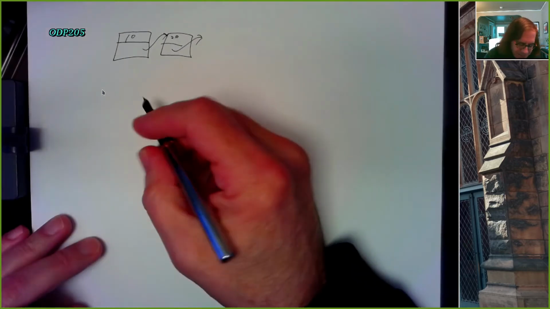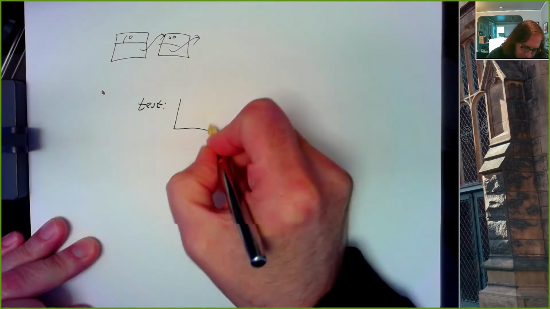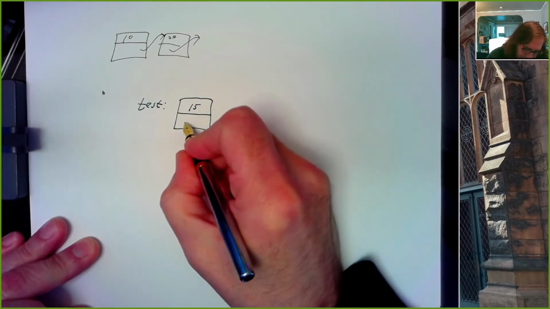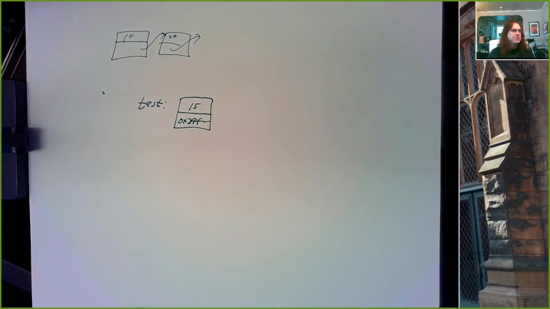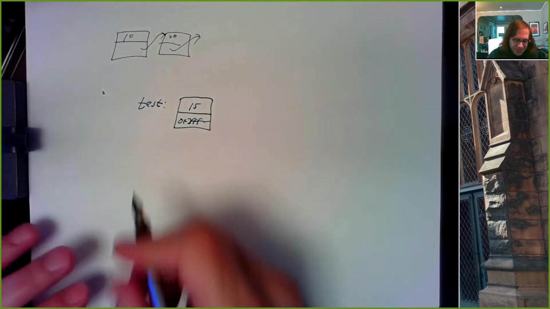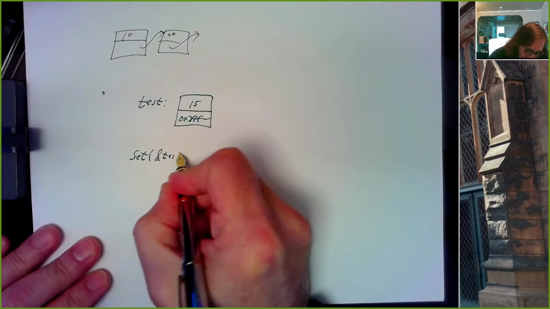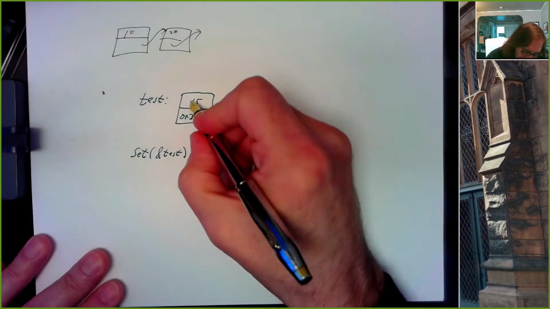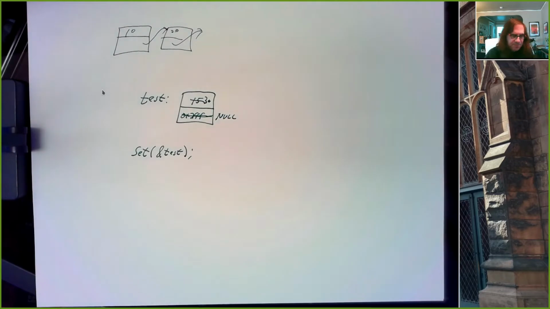So if I have a node, let's say it's called test, and it's got a 15 and it's got some next field, and I were to call my set function with a pointer to this node, what the set function is going to do is change this to a 30 and change this to null.